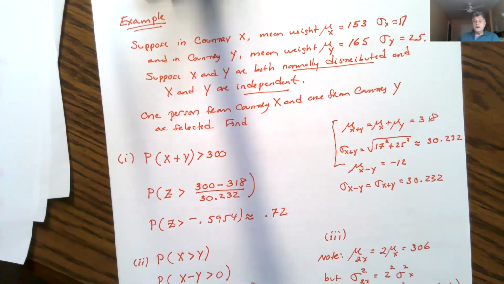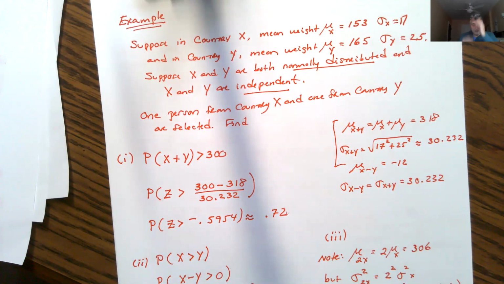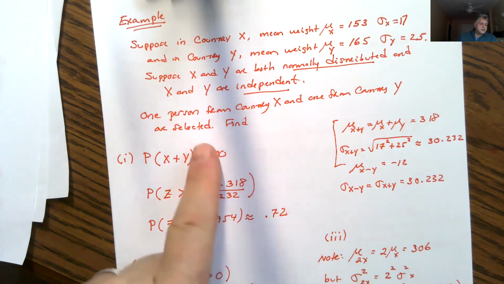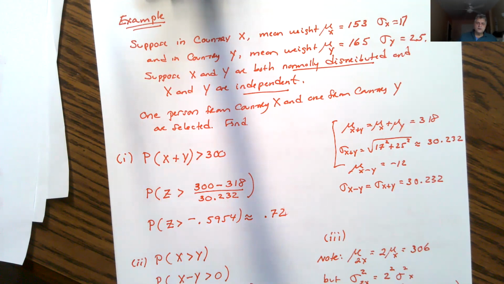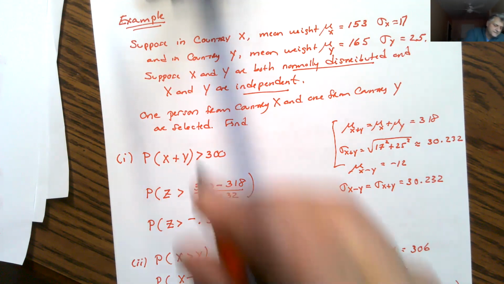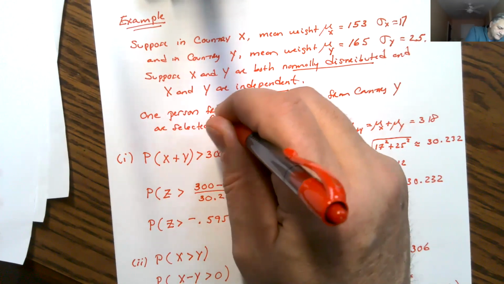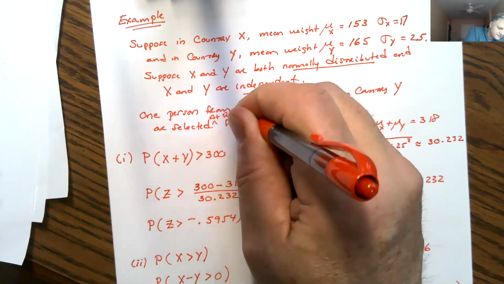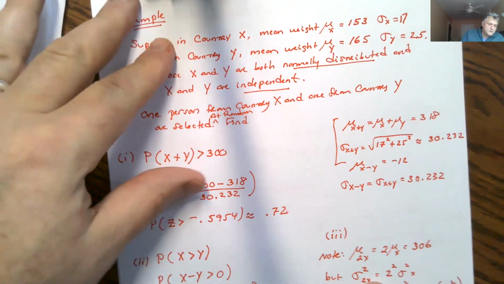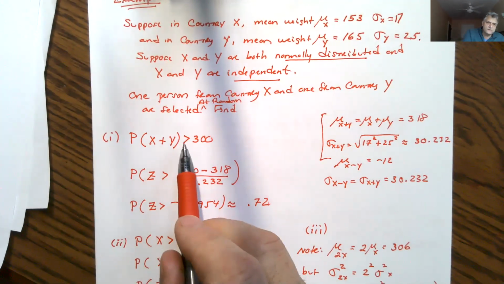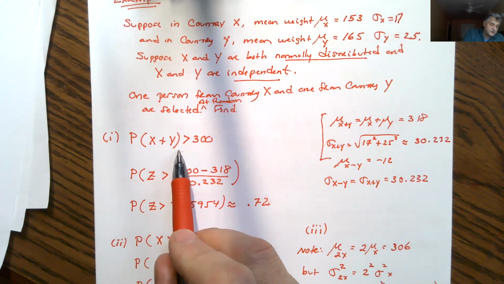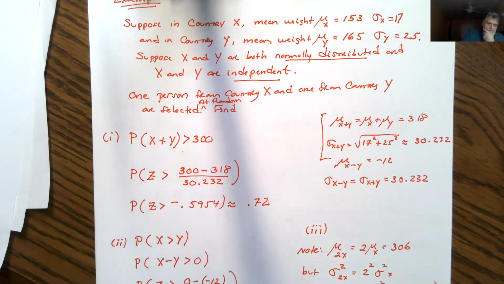One property we talked about, but are not going to prove: if two variables are normally distributed, then the sum of the two variables will also be normally distributed. Let's say one person from country X and one person from country Y are selected at random. I want to find the probability that the sum of their weights is more than 300.